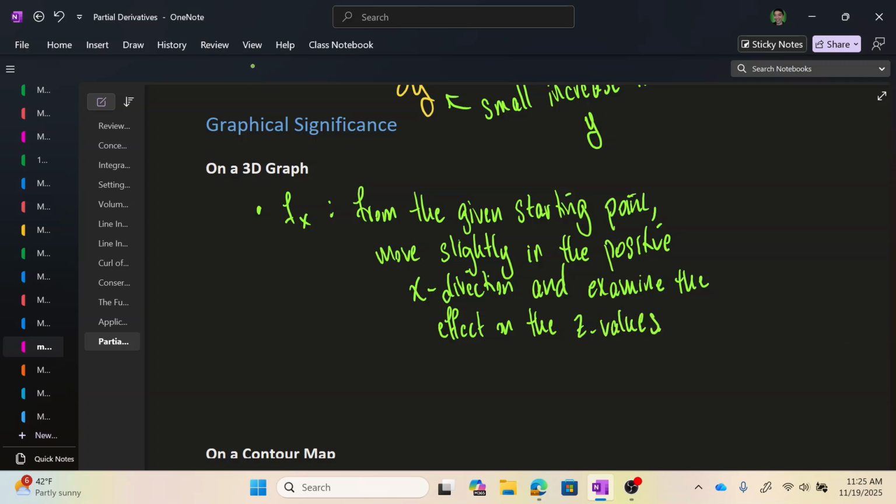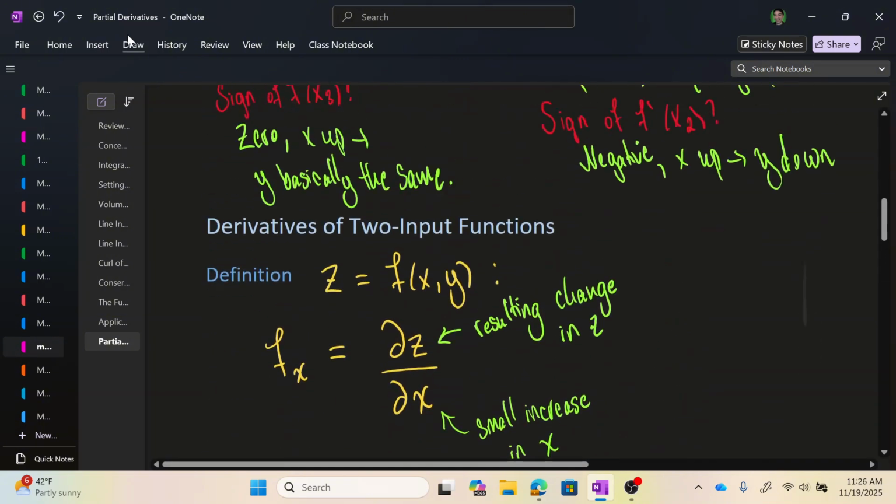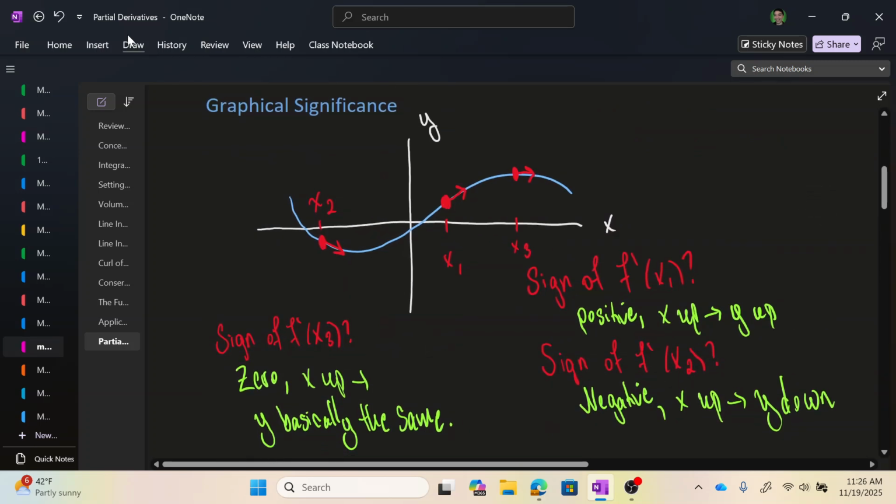If the z values go up, your partial derivative is positive. If your z values go down as a result of the movement, then your partial derivative is negative. So it's exactly the same as it graphically was in the single variable context.